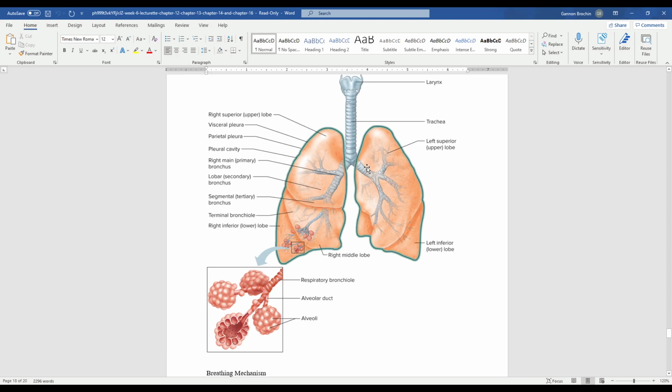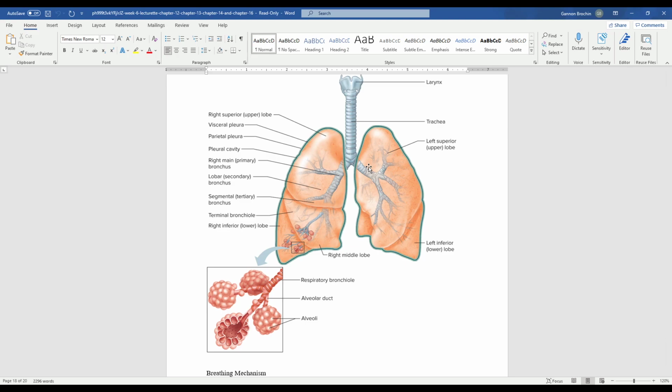And that is very important to note. Now, the right lung and the left lung are going to have a different number of lobes. Okay? So this is primarily because the right lung is slightly larger, as the left lung has to accommodate space for the apex of the heart. Okay?